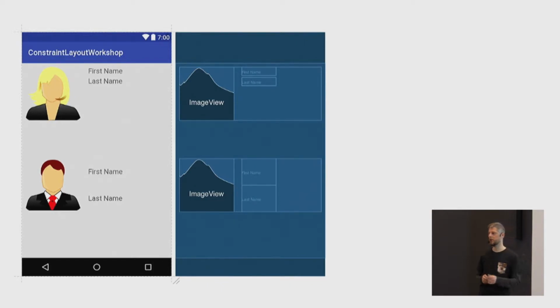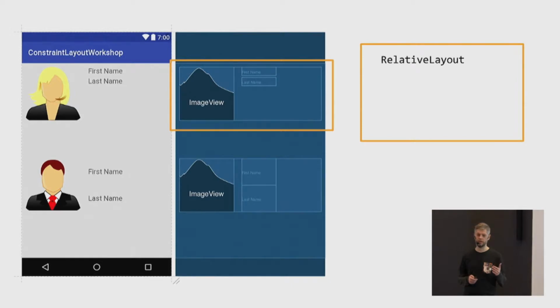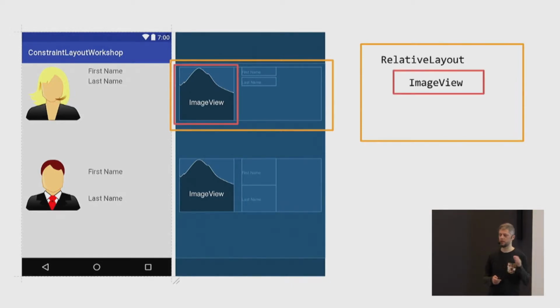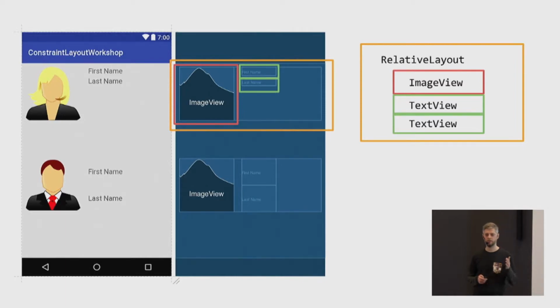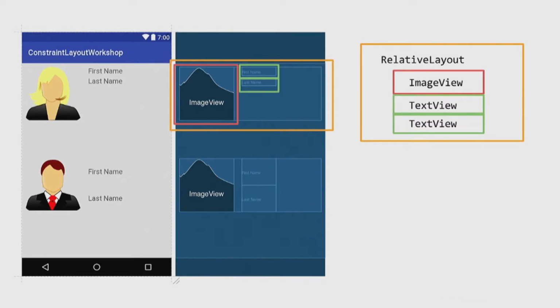layout nesting. On the top, I have just a simple view. I can create it using relative layout, and then on the left, I have just an image view, and then two text views. I can just simply put them there. With relative layout, it's as easy as just using toRightOf image view, and that's it. But let's imagine I want the second scenario, so that the first name and the last name text views, to the right of the image view, each take half of the height of the whole container.